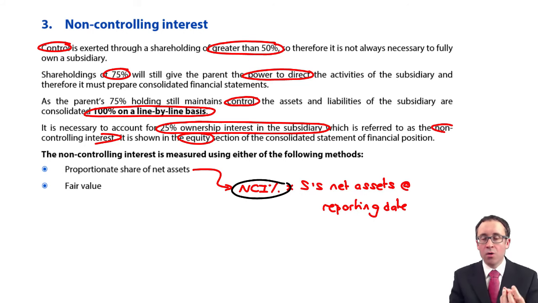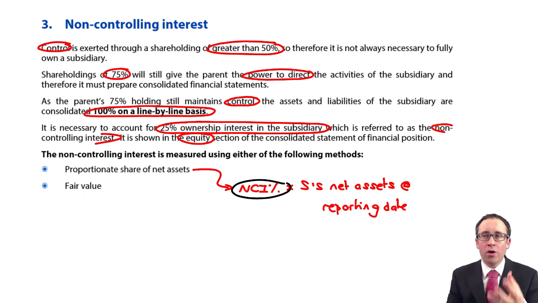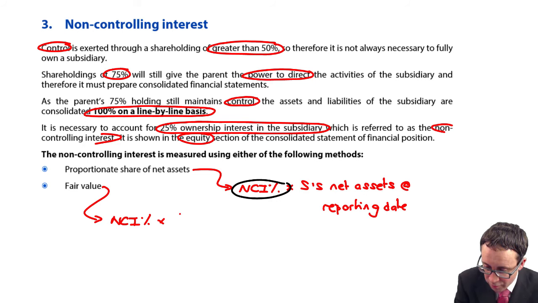Well, the NCI own their percentage, so 25% based on that page, 20% based on the previous page, isn't it? So they own the non-controlling interest of the share capital, don't they? So what we can go through and do there on the fair value is take the non-controlling interest share of the number of S's shares in issue.